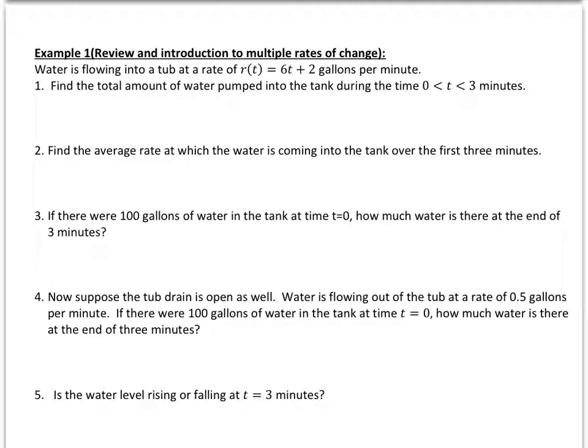Part 1 asks us to find the total amount of water pumped into the tank during the time between 0 and 3 minutes. I learned yesterday that I can integrate my rate of change, so I can integrate r of t from time 0 to time 3, and that will give me the total amount of water.